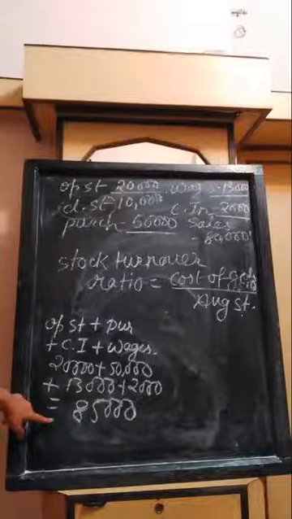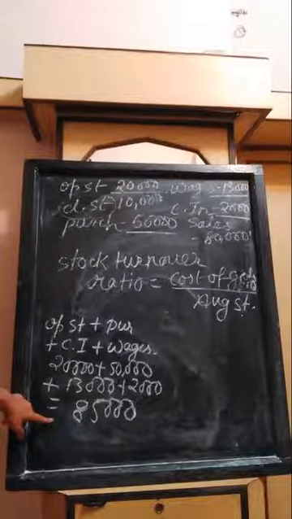Closing stock was given as 10,000. So 85,000 minus 10,000 will give you 75,000 as the cost of goods sold.